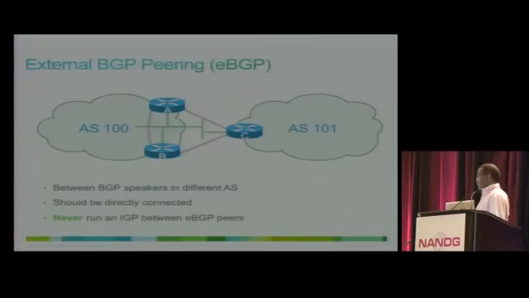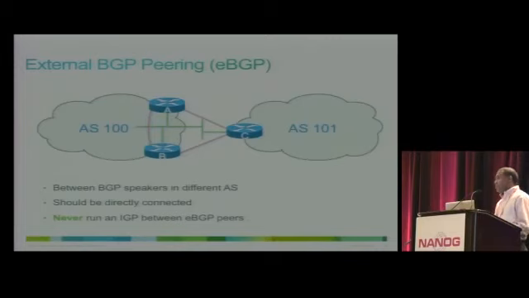It could be Ethernet, which is typically the case nowadays, but it's usually a point-to-point link if it is a bilateral peering relationship. You don't want to run IGP between 2 different autonomous systems. As a result, the requirement is that the 2 routers speaking eBGP have to be directly connected.